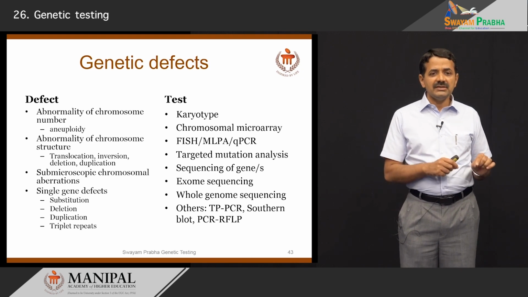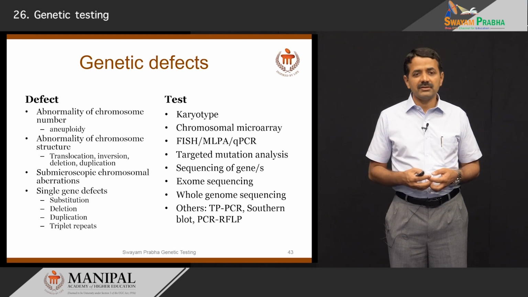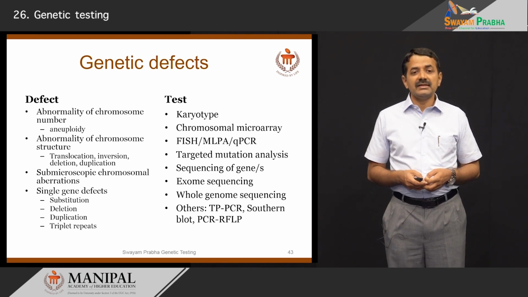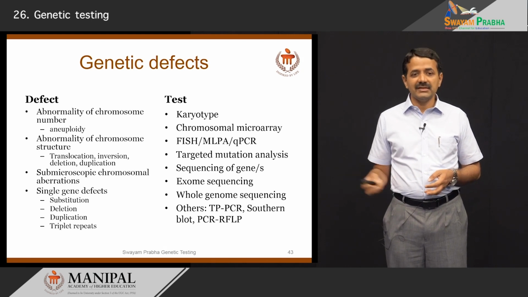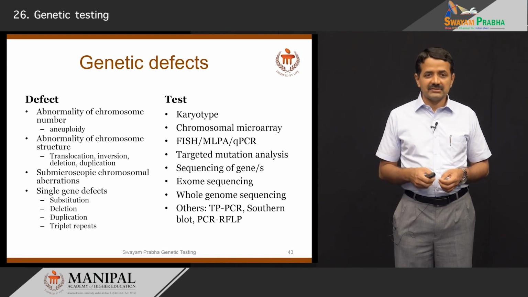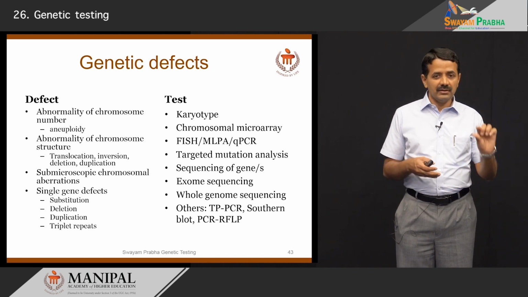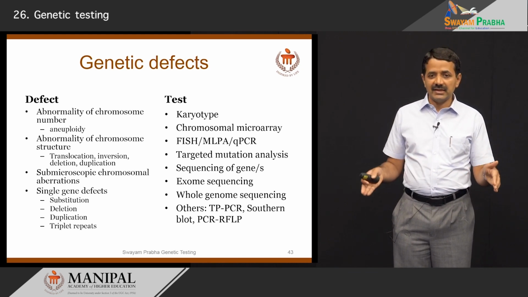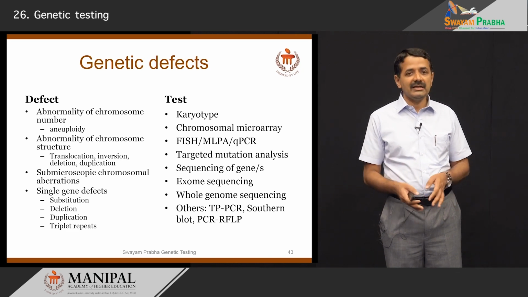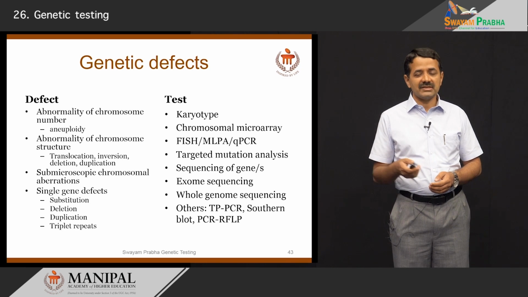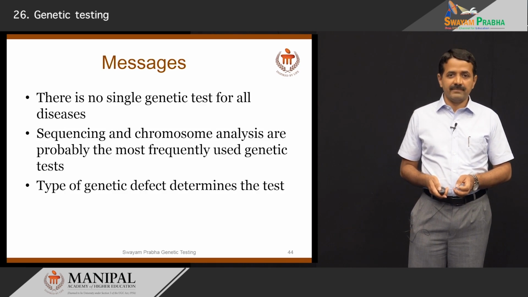If it is a single gene disorder, targeted mutation analysis, submicroscopic deletions or duplications are picked up by chromosomal microarray better than any other test. For other substitutions, deletions, and duplications, it is usually sequencing of a particular targeted region, the entire gene, whole exome or whole genome, and rarely TP-PCR, Southern blot or PCR-RFLP is used for testing genetic diseases.